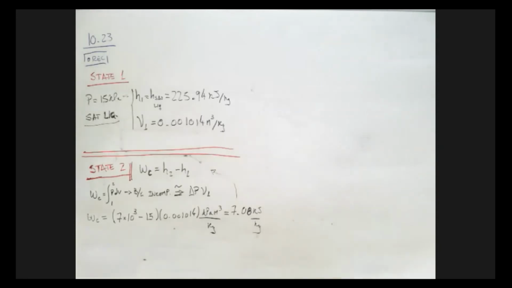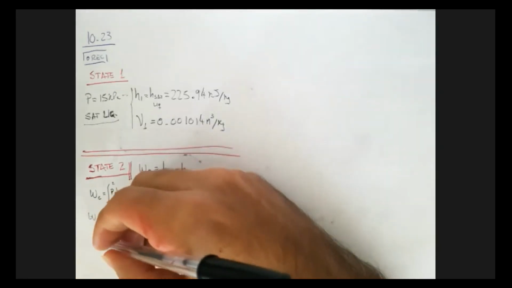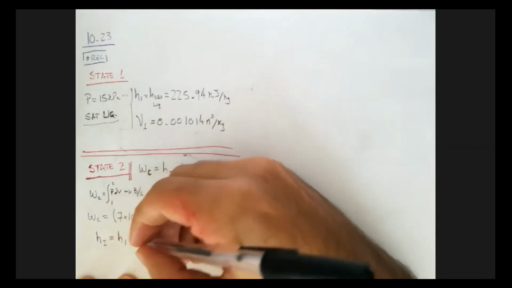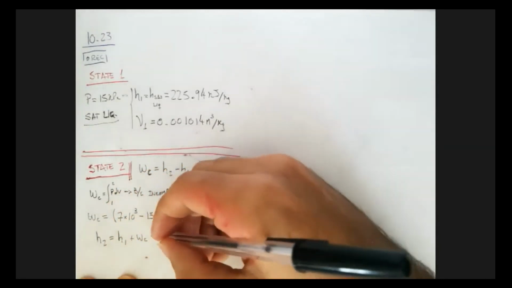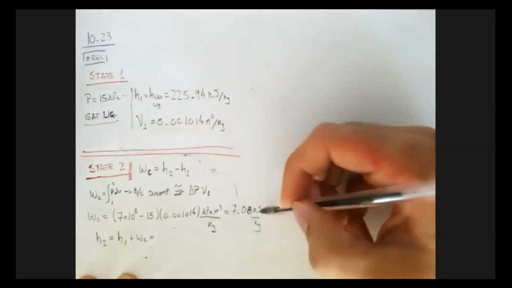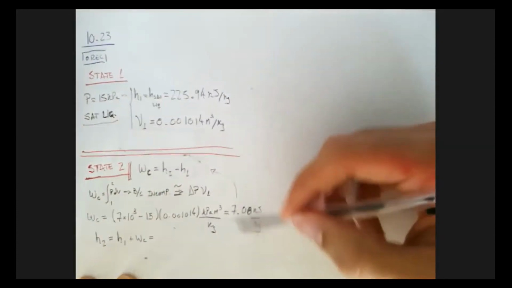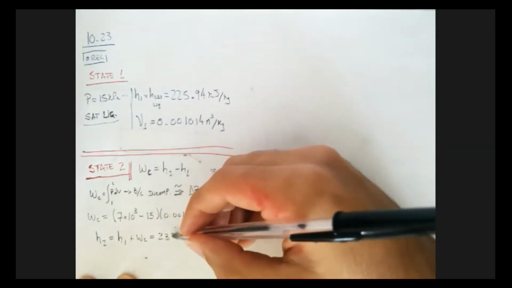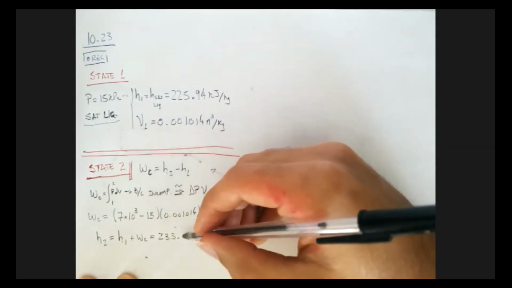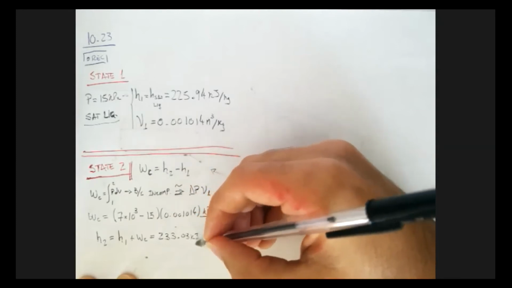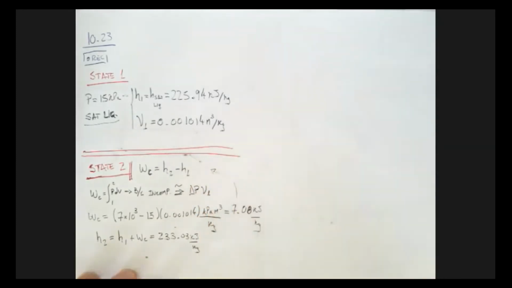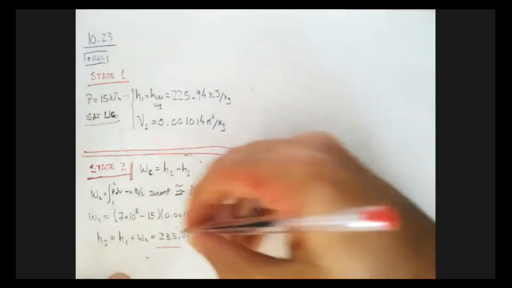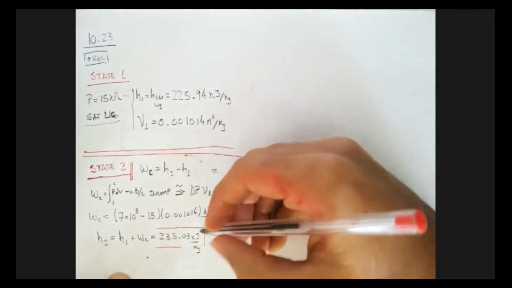So my enthalpy 2 equals my enthalpy 1 plus the work on the compressor, which equals 225 plus the 7, which is 233.03 kilojoules per kilogram. So we're all good on the second state. We have the enthalpy that we're looking for.